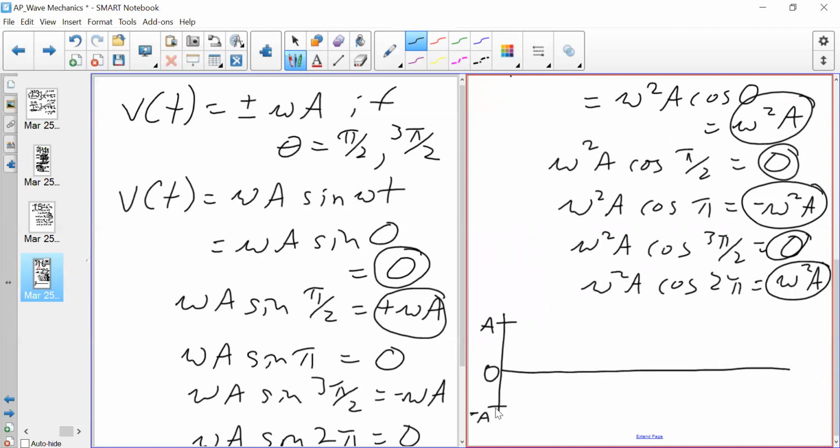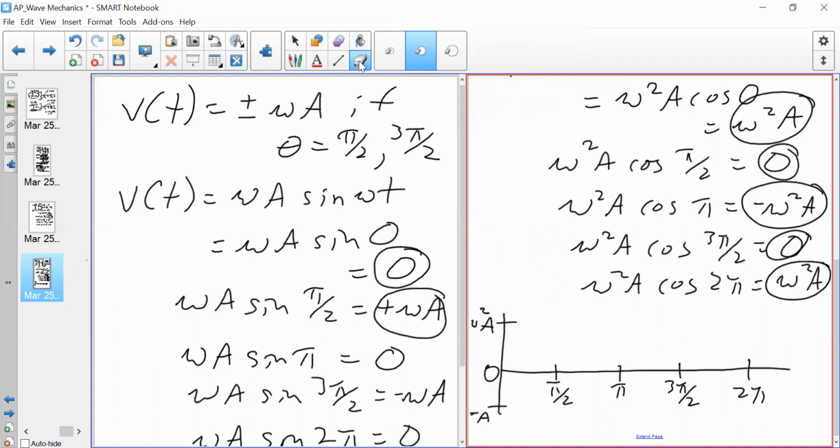Right, so we start off, once again, with omega squared a, then negative omega squared a.